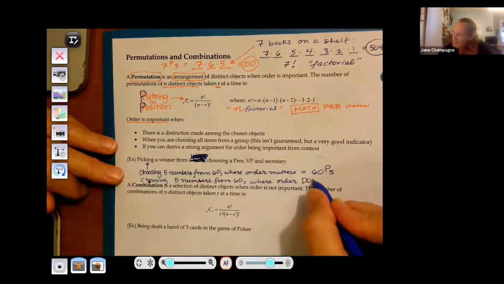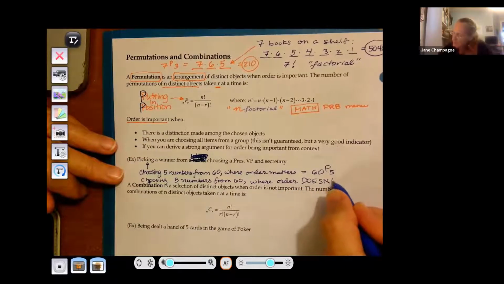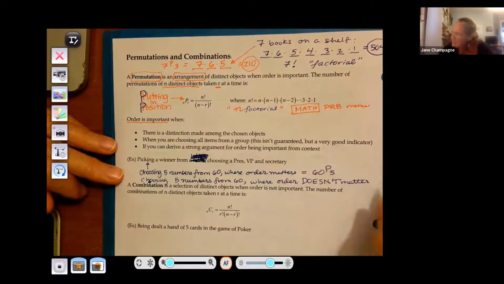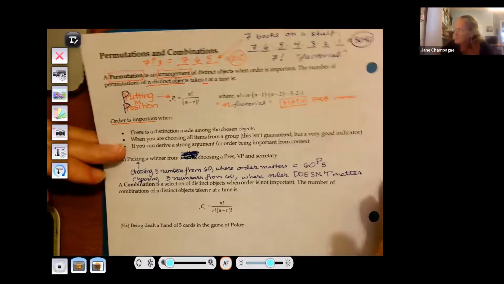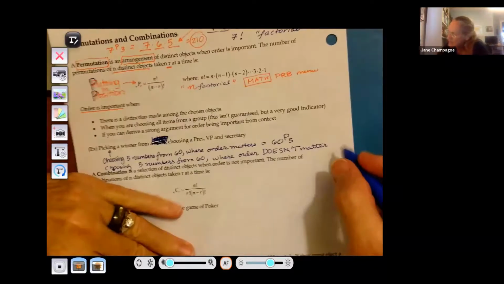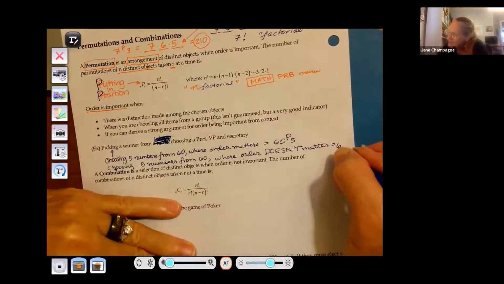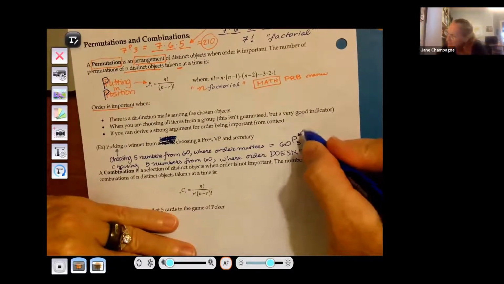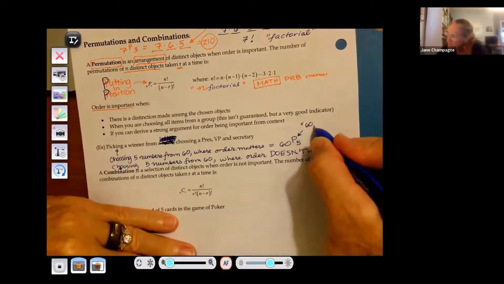So sometimes it's a subtle difference. That's going to be 60 choose 5, 60 C5. Okay, so this one I would read 60 permute 5.